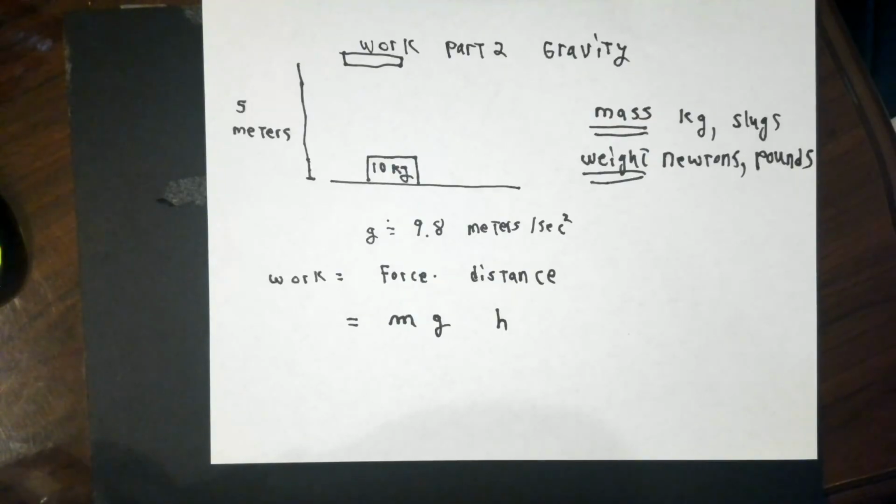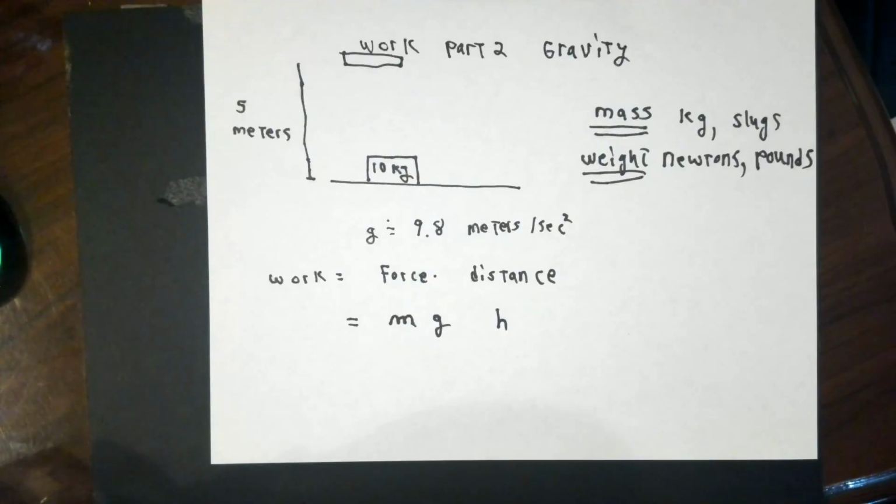In this case, the acceleration due to gravity. This is where the mass times acceleration due to gravity times distance that you moved formula comes from in elementary physics classes. As we're going to see shortly, this is not completely correct.